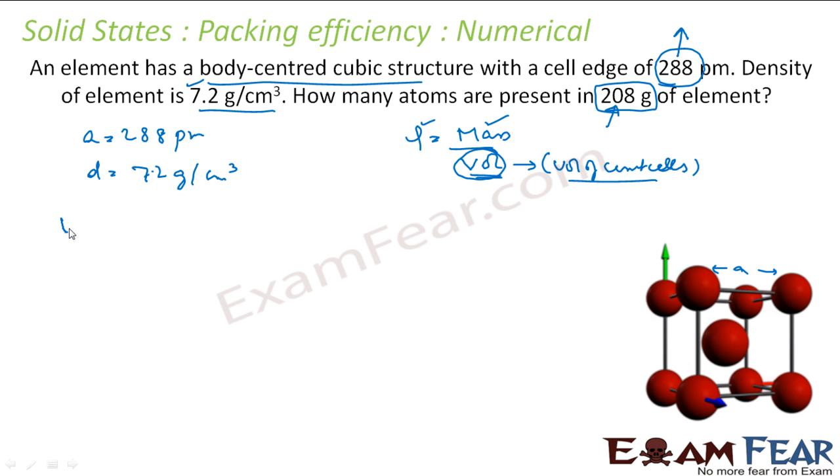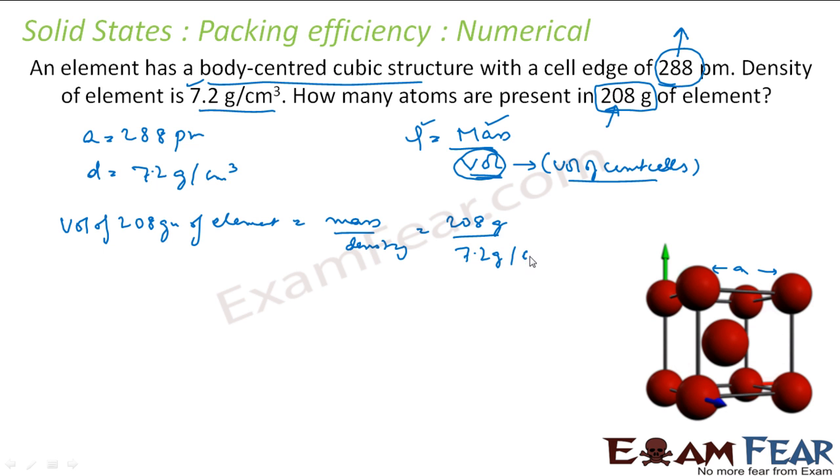So the volume of 208 grams of element is equal to mass by density. Mass is 208 gram, and density is 7.2 gram per centimeter cube. Please note the units here.